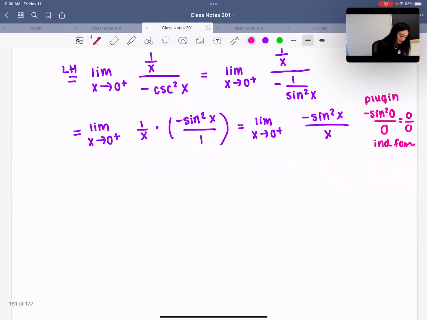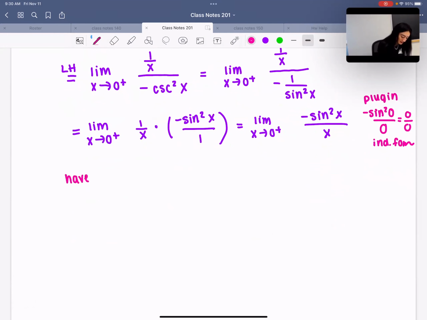So let me just write this out. Have to do L'Hopital's rule again. And L'Hopital's rule involves taking the derivative of the top and the derivative of the bottom. Looking at the top, I think we're gonna have to think a little bit hard about how to take the derivative of the top there.